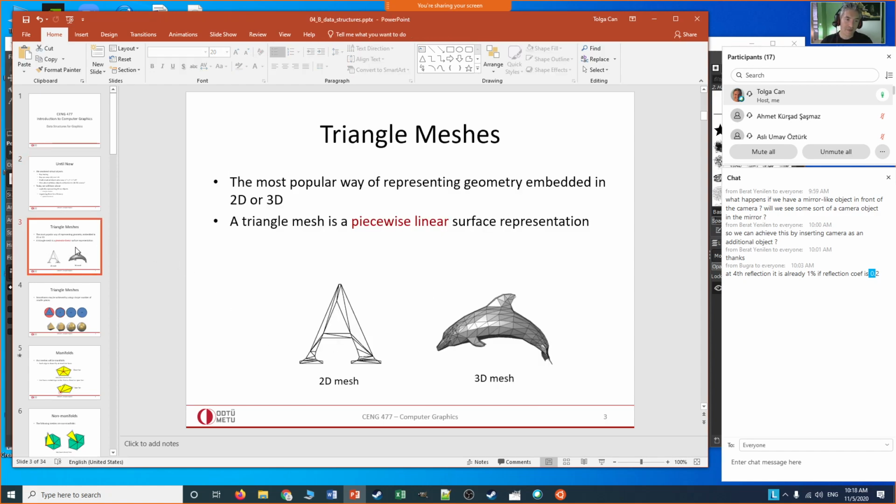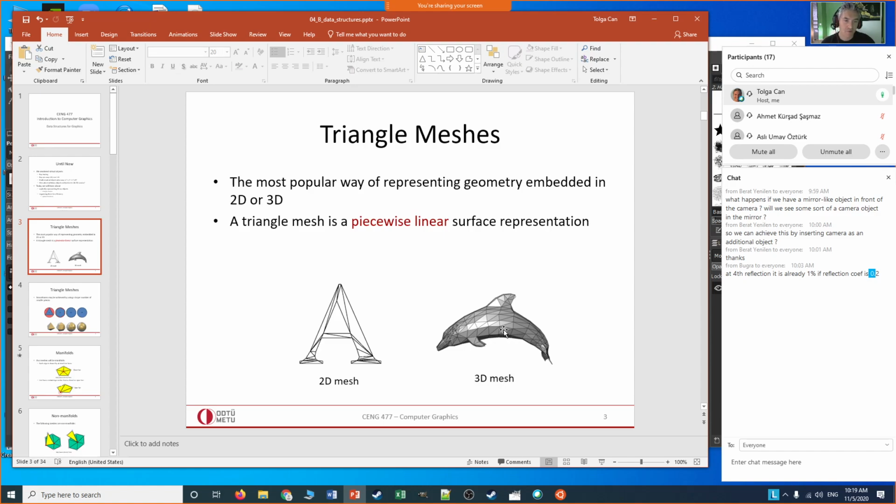So triangular meshes are really common in the graphics world, and for graphics acceleration cards, the benchmarks are actually based on how many triangles they can render in a second, or how many frames per second they can achieve, for example, in a scene which has 10 million triangles, 20 million triangles, things like that.